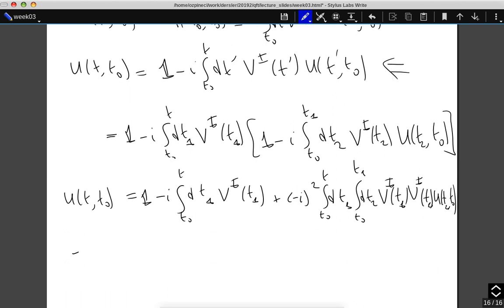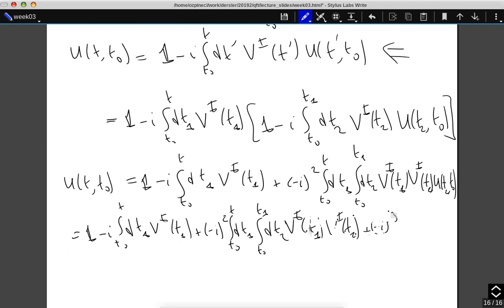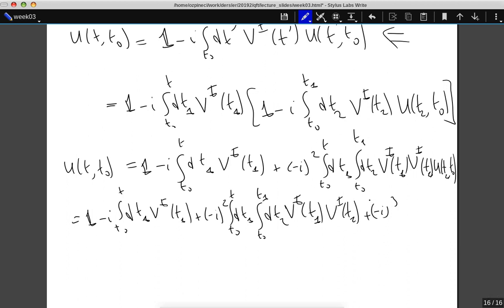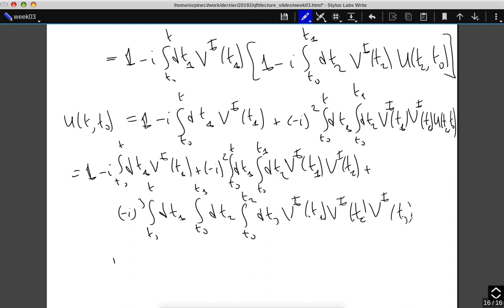So this is also equal to 1 minus i the integral from t0 to t dt1 vi(t1), plus minus i squared the integral from t0 to t dt1, t0 to t1 dt2, vi(t1) vi(t2), plus minus i cubed, the integral dt1 from t0 to t, t0 to t1 dt2, t0 to t2 dt3, vi(t1) vi(t2) vi(t3). And you can guess the next term: minus i to the fourth, four integrals, four factors of v.